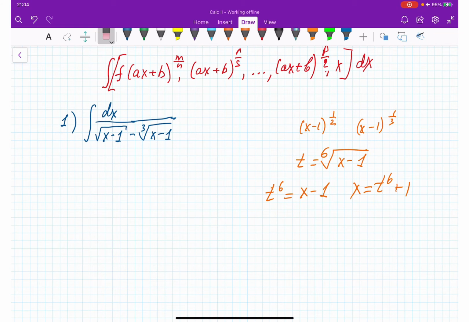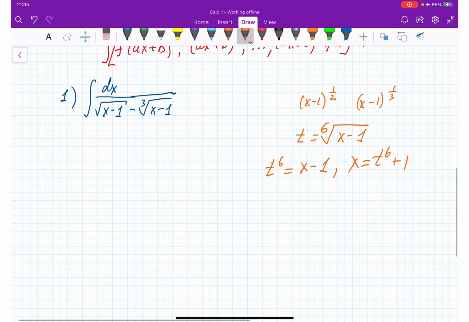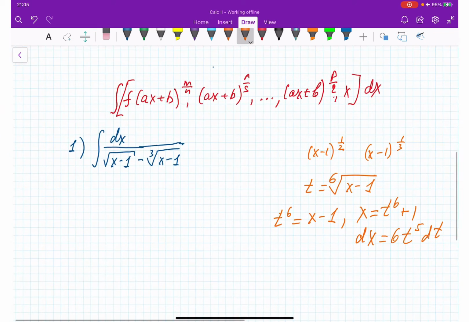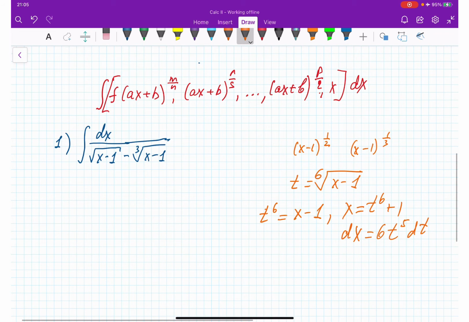Accordingly, once I have x, I can find dx. That is going to be 6t to power 5 dt, right? Okay, now we have the dx, 6t to power 5 dt.